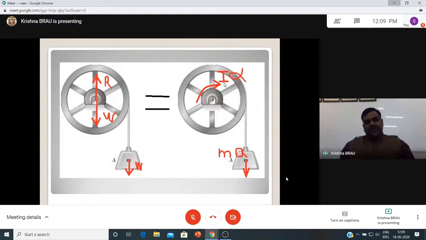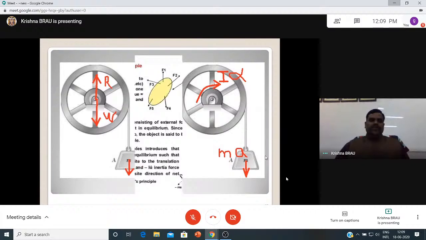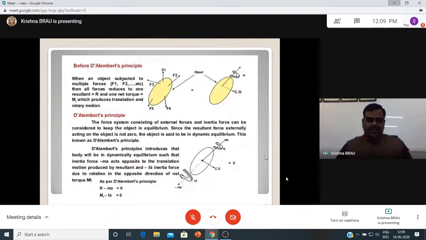If I is given, if there is no angular acceleration, we don't consider the I alpha, that is rotation. We only consider translation, m a can be considered. Now, before D'Alembert's principle, see the resultant force.